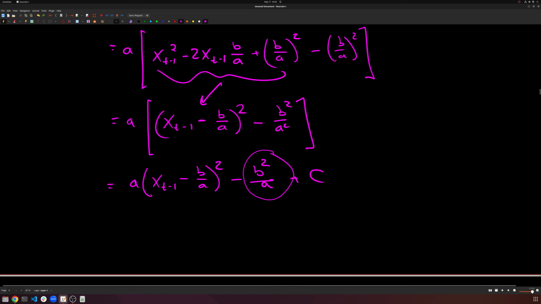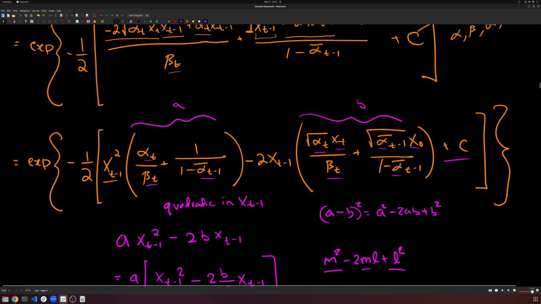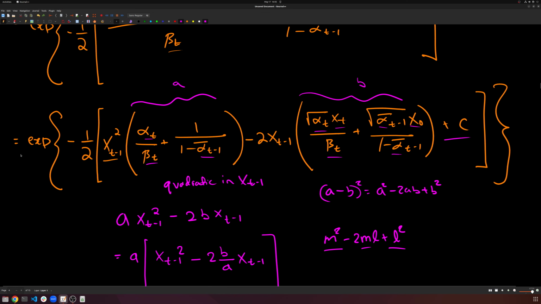If this is a constant and this is a constant, then why not just rewrite all of it as one big constant again? It's just some c. We don't care. And so this means we can rewrite this whole expression in terms of a and b, just to avoid writing these big expressions again. We'll get back to that in a bit.